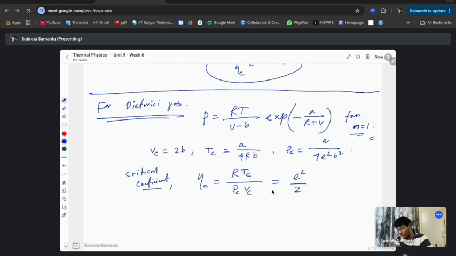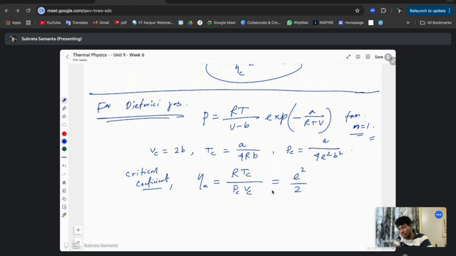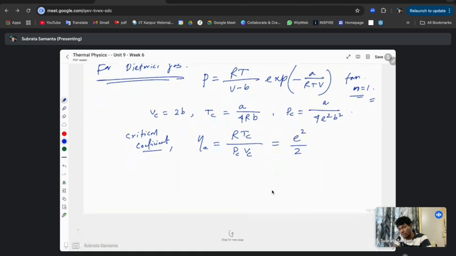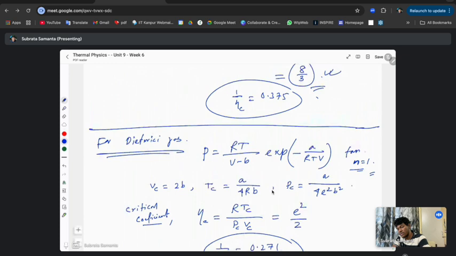And 1 over eta C is 0.271. For the van der Waals gas, this is 0.375.